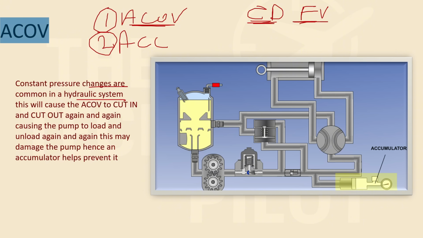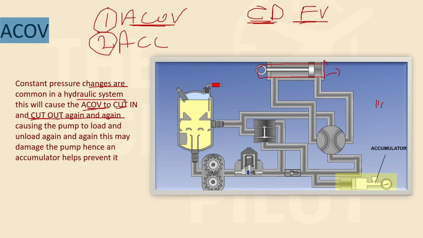And there are obviously pressure changes because if you select a particular service, if you select multiple services, or there are small leakages, and there might be some fluid contraction, and there might be some expansion. So the pressure in the hydraulic system continuously changes. So these pressure changes might cause the ACOV to cut in and cut out again and again, right?